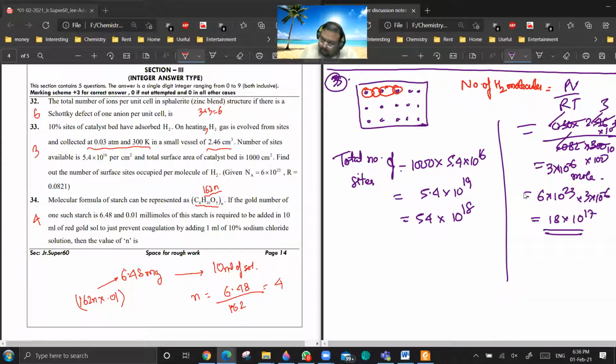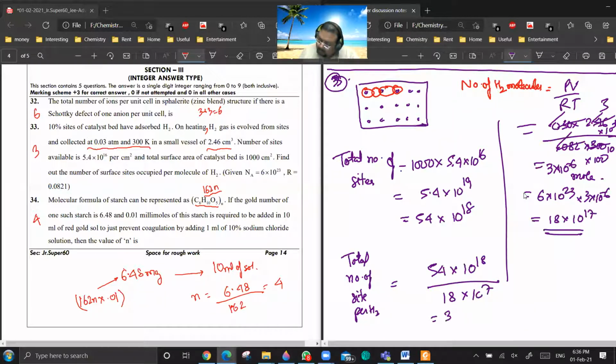That is a factor of 10, which is not there. The total number of sites per H2 molecule will be 54 into 10 power 18 by 18 into 10 power 17. So it's coming out to be 30.